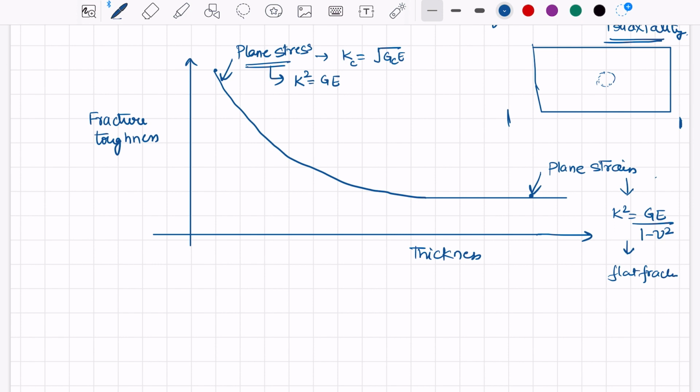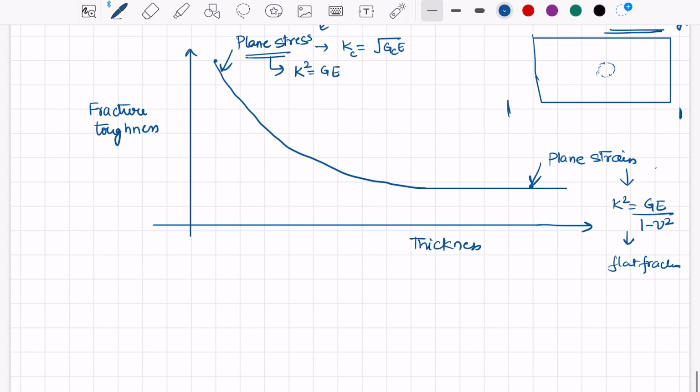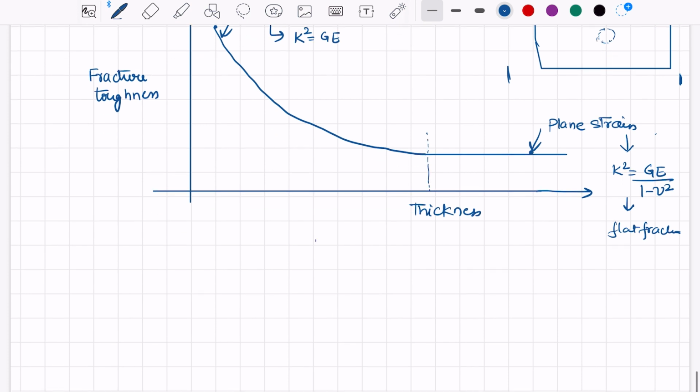However, in the plane stress condition, the material undergoes ductile fracture with shear lips present on the fracture surface. So there is always a thickness. There is a formula that is given for the thickness, that is 2.5 (K1C over sigma y) whole square.